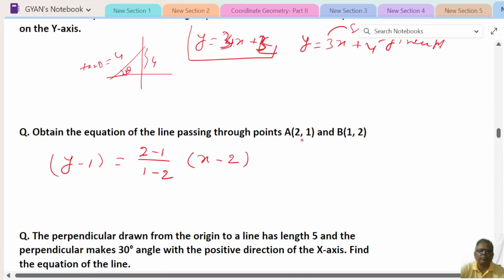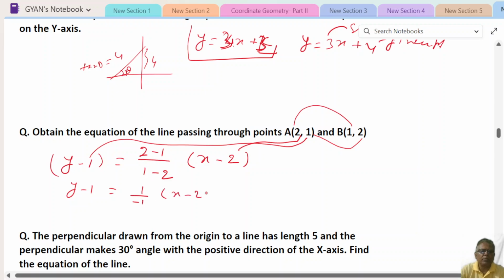That is y minus 1 is equal to 1 divided by minus 1 times (x minus 2). This implies y minus 1 is equal to minus x plus 2. So x plus y is equal to 3.